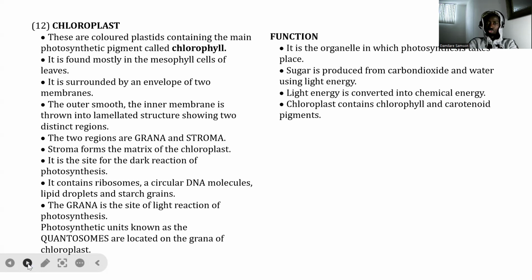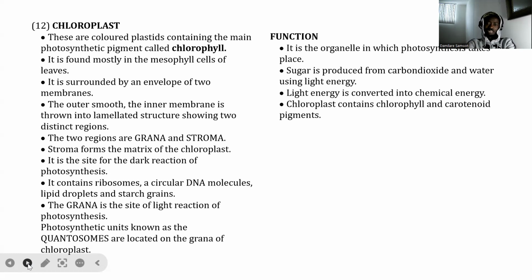So the stroma forms the matrix of the chloroplast, and it is the site where we have the dark reaction of photosynthesis. It contains ribosomes, circular DNA molecules, lipid droplets, and starch grains also.